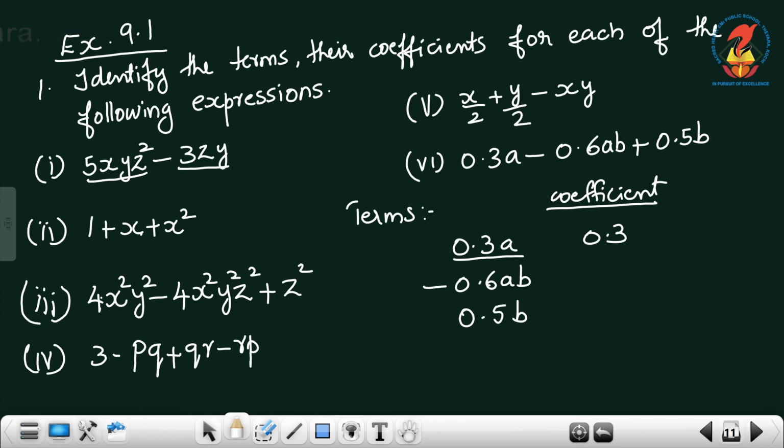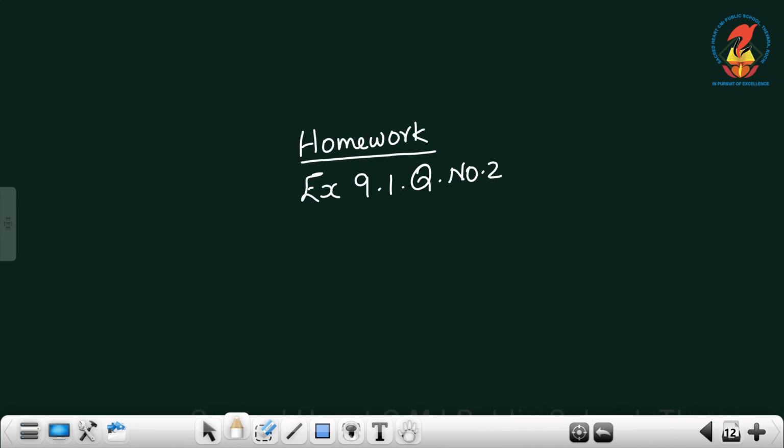What is the coefficient of negative 0.6ab? Negative 0.6. For 0.5b, 0.5 is the coefficient. Okay. Homework: exercise 9.1, question number 2.